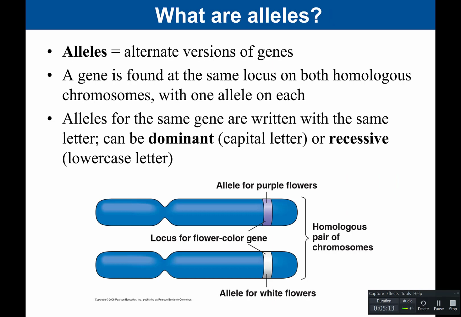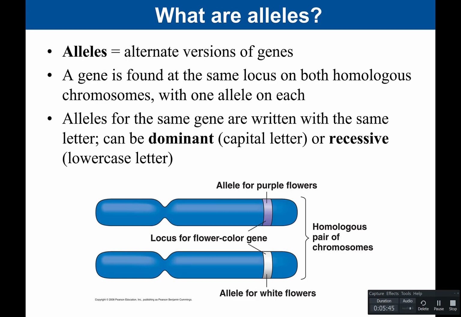A gene is found at the same locus, or loci, plural, on both homologous chromosomes with one allele on each. So again, if you think back to meiosis, when we talked about homologous pairs, remember that homologous pairs are matched in size, banding pattern, and the genes. So notice that if we look at these two chromosomes, these are a homologous pair.